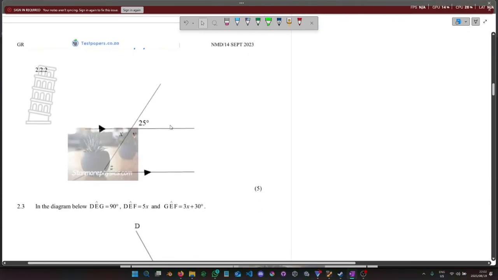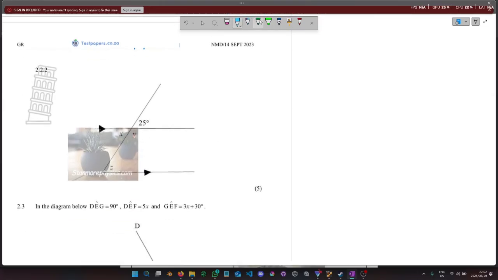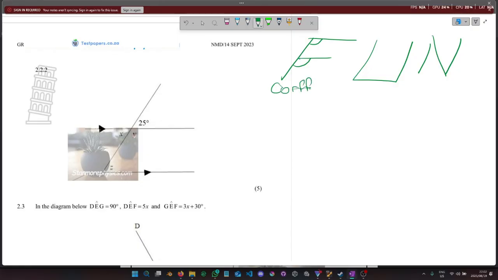This one, same thing, right? But let's do a quick crash course. It's the FUN angles, where these are equal: corresponding angles are equal.